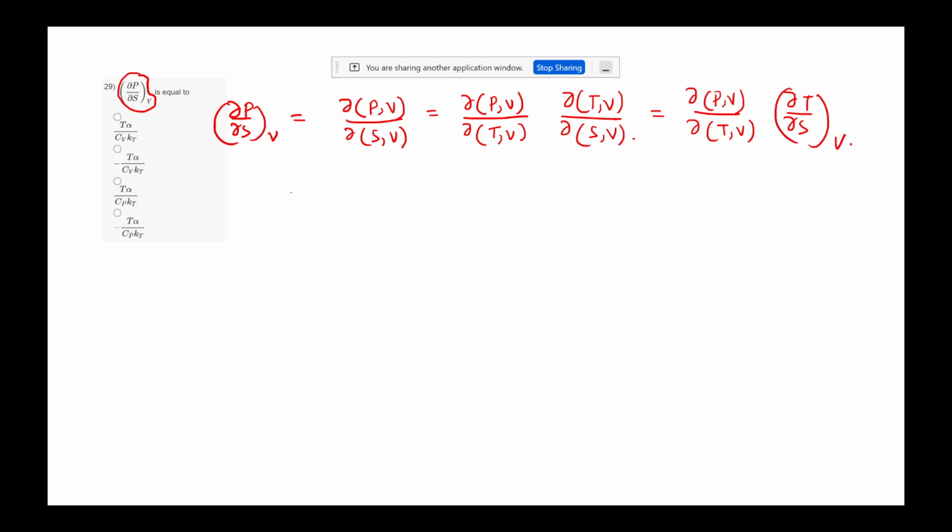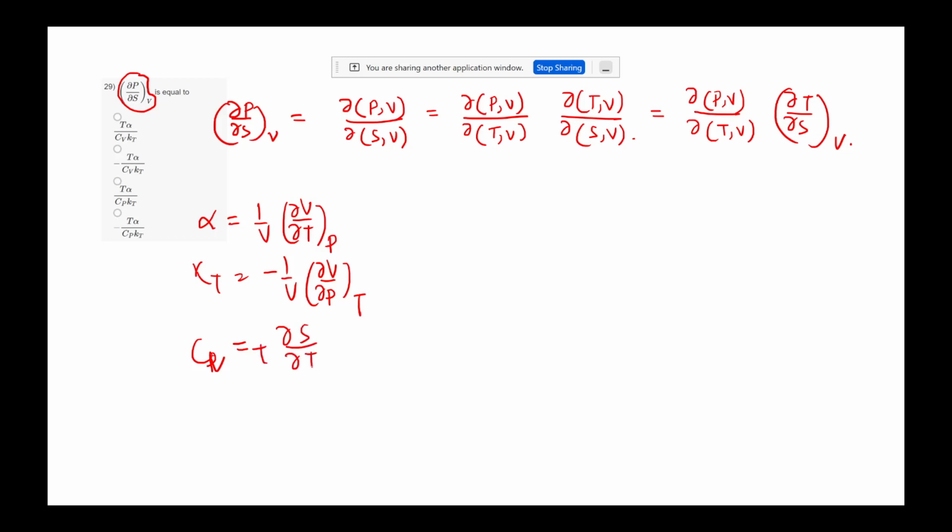Now what is alpha? Alpha is 1 by V del V del T at constant P. K_T is minus 1 by V del V del P at constant T, and C_V is T del S del T at constant V. So this is some mental exercise.